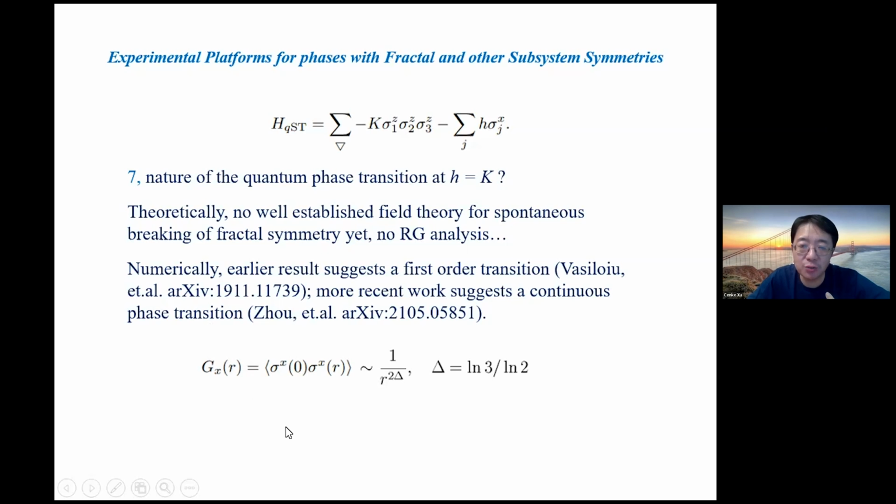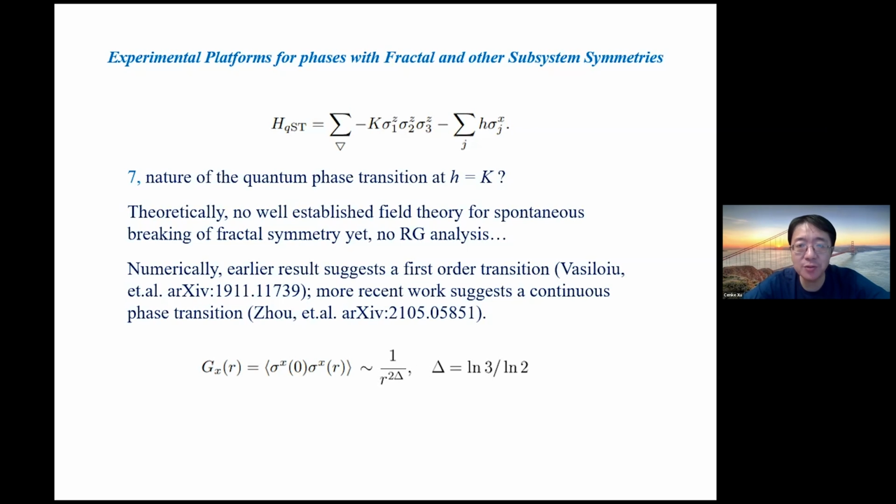What's even more interesting is that when they measure the correlation function of sigma x, which can be viewed as the energy density, the energy density correlation function decays as a power law, 1 over r to the power 2 delta, where delta equals log 3 over log 2. This was the conclusion in this more recent paper. Again, this is the spatial dimension of the Sierpinski triangle fractal shape.